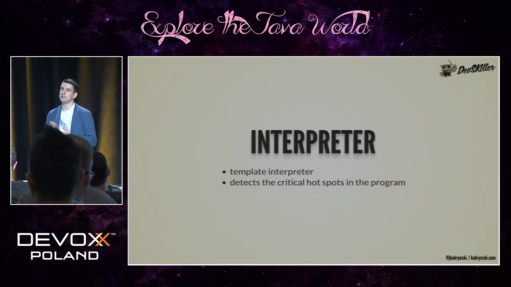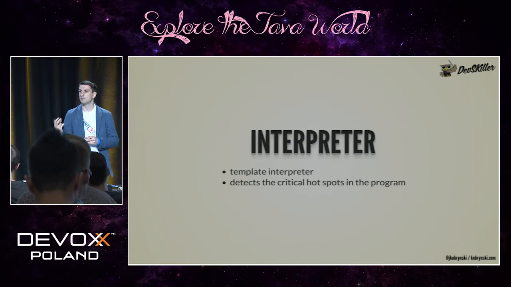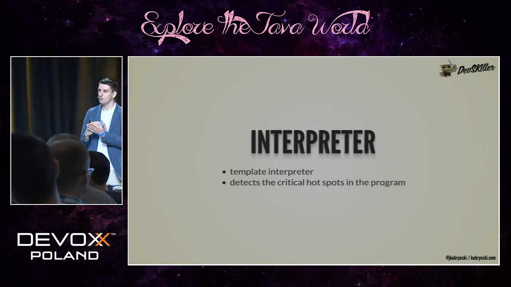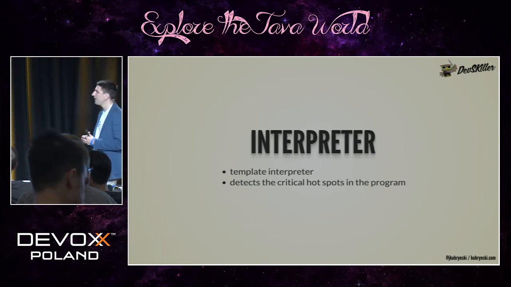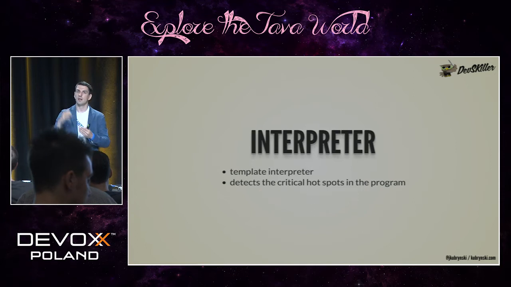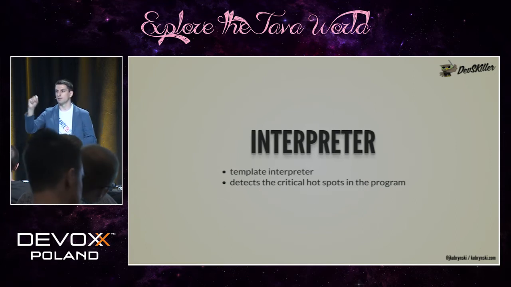And now the class is ready to be used, so we are starting to execute this class in the interpreter, okay? The interpreter in Java is really smart because it's called the template interpreter, which means it's not fully interpreting the code, it just generates templates. When you start the JVM, it's generating the templates for every single bytecode operation.